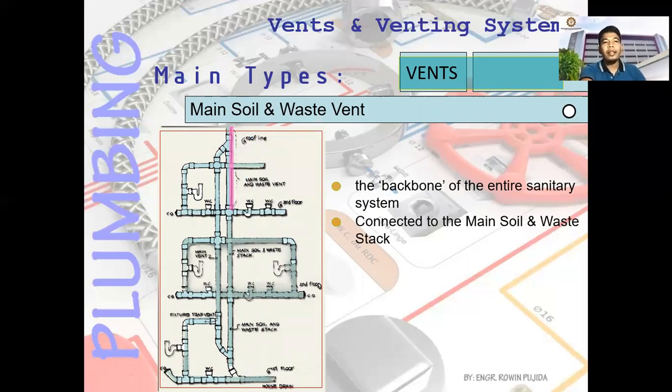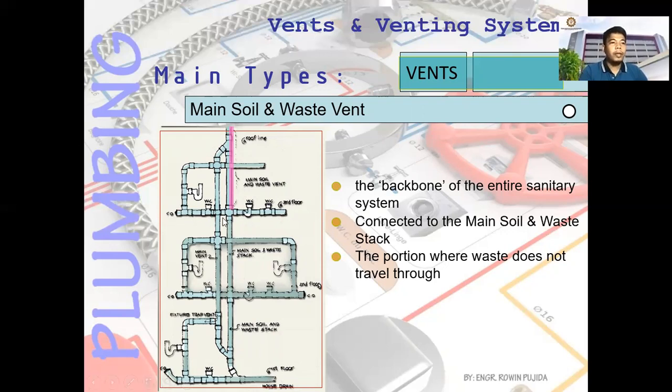Then it is connected to the main soil and waste duct. So for this pipe, this is the main soil, and sometimes called the waste duct. This one.